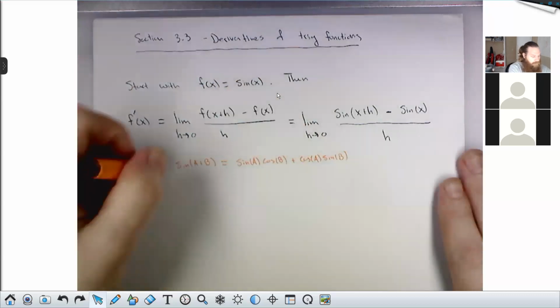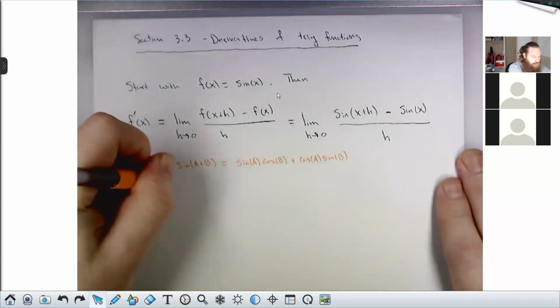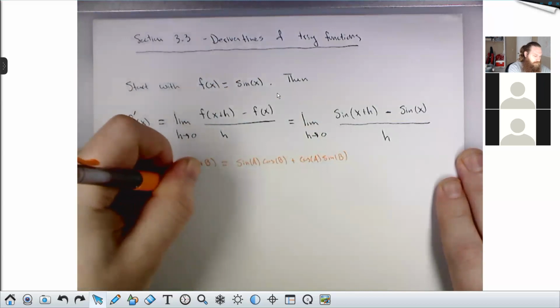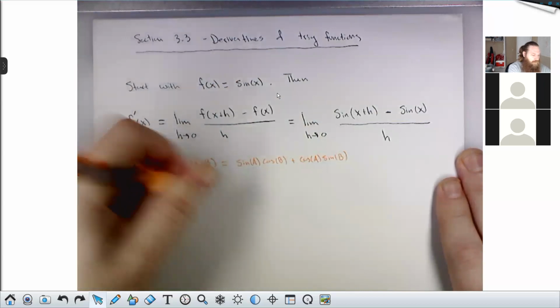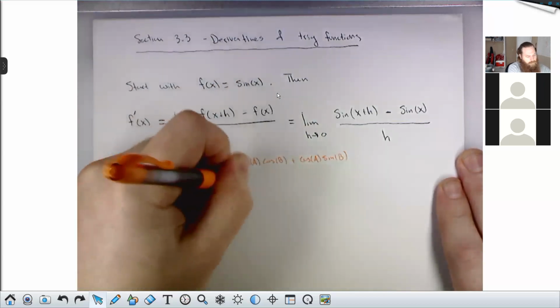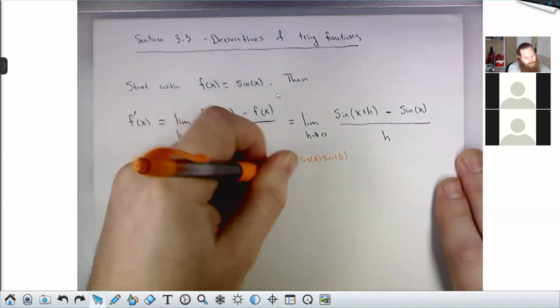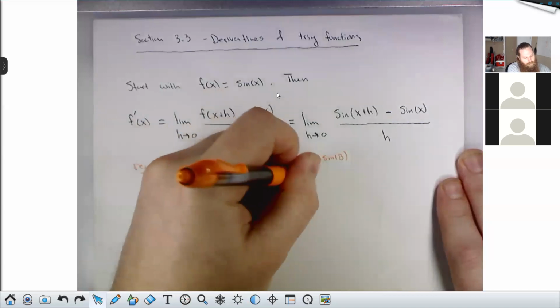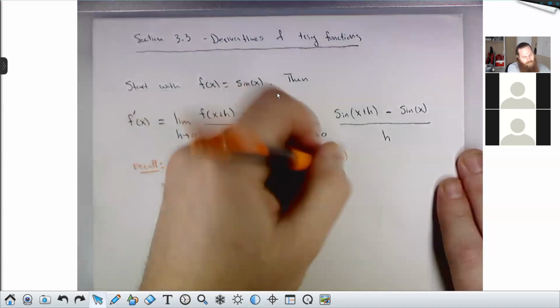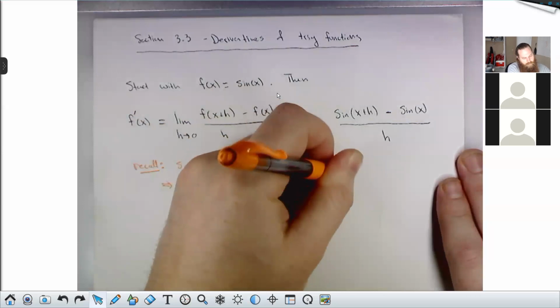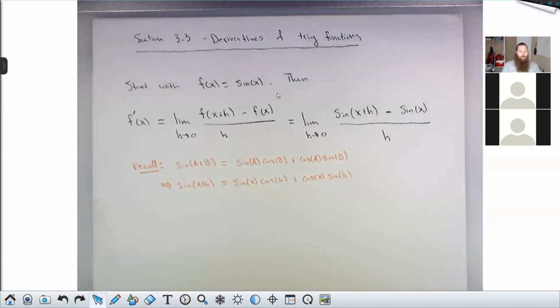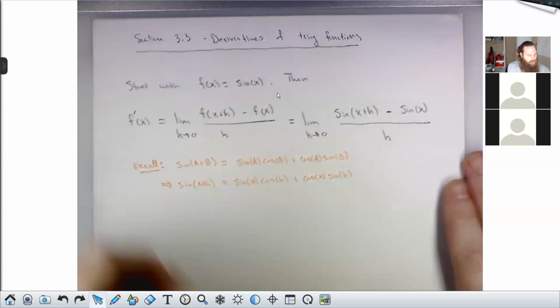So the sine of x plus h is going to be sine x times cos h plus cos x times sine of h. All right, just plugging in x for a and h for b.